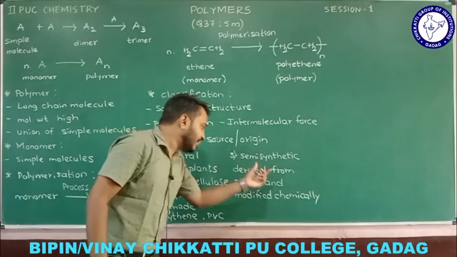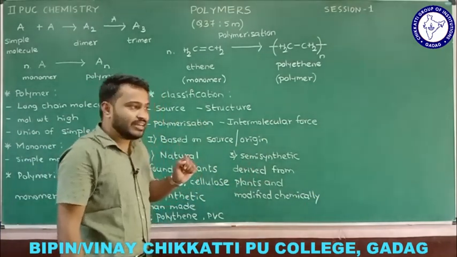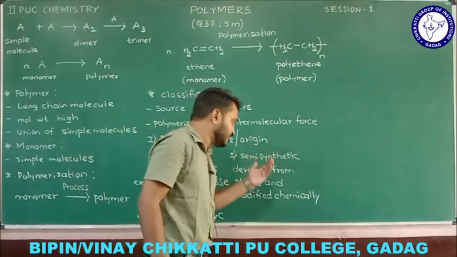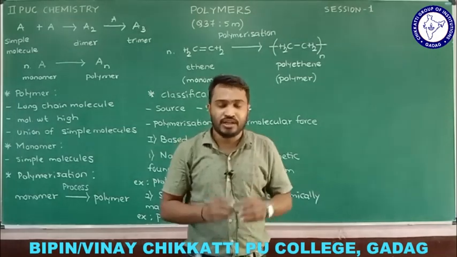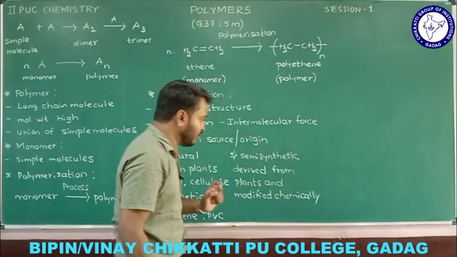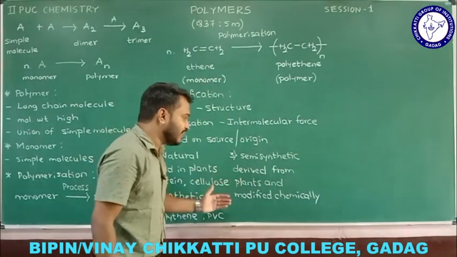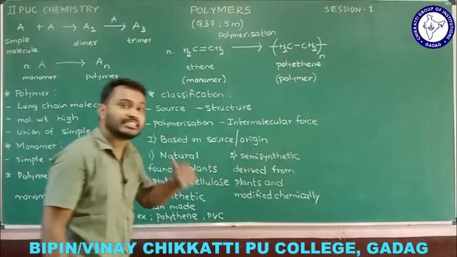They are derived from plants, which means naturally occurring, and we need the properties of that polymer to be changed. So we add some kind of chemicals, so we modify or change the property of that particular polymer. Therefore they are derived from plants and modified chemically, and such polymers we call semi-synthetic.